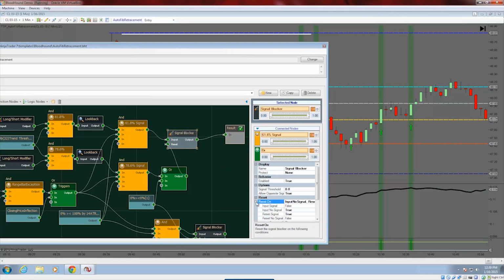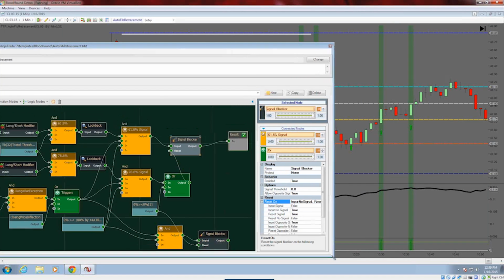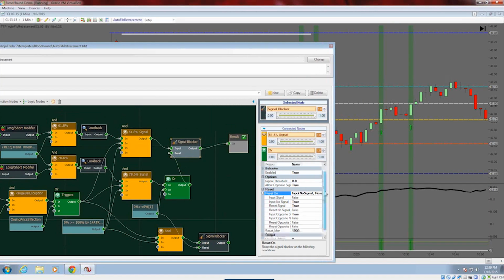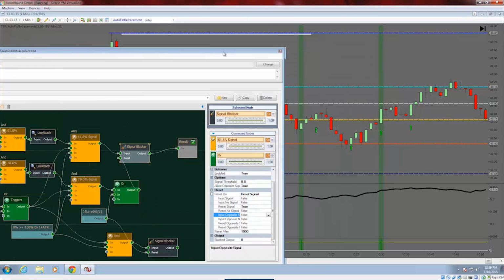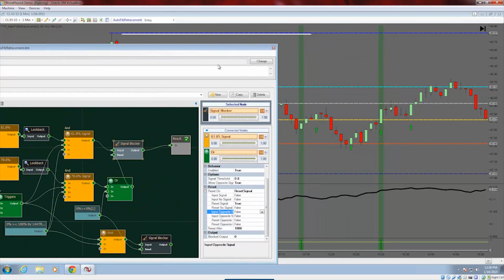So I need to now go through and change the resets for the signal blocker. Input no, reset signal yes. Input opposite signal no. Okay.